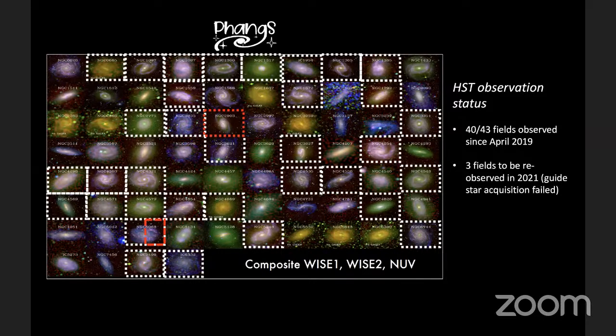If there are HST users in the audience, you know that HST had a gyro failure and went to safe mode, and then they were trying to do some recalibrations, and there were a lot of failed observations, but it seems to have gone back to a more normal state where observations are succeeding, so that's a good sign.